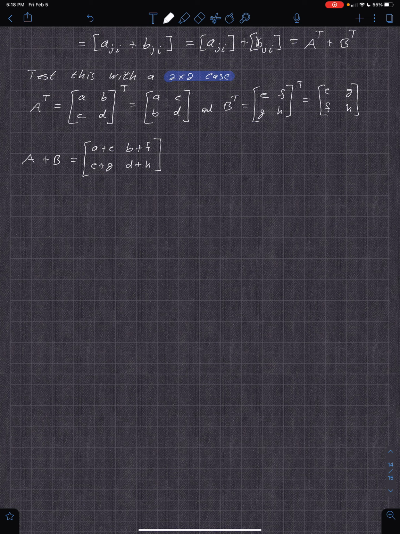Do its transpose, right? So then do A plus B transpose. That's where you would need that sort of thing. So you get A plus E, B plus F, C plus G, D plus H. And then do the transpose.